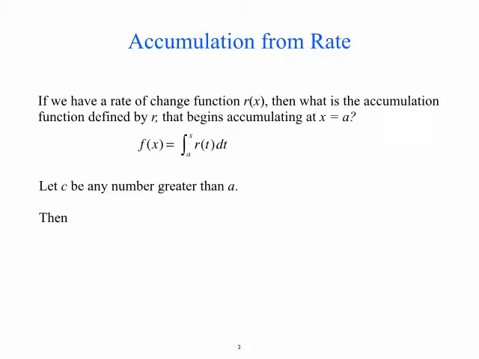So you've got some starting place A, there's some C value here, and ultimately you're ending at some X value. My function f gives me accumulation from A to X, but I only want the accumulation from C to X.